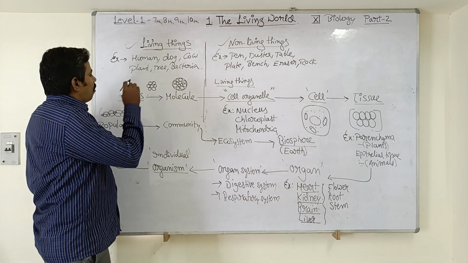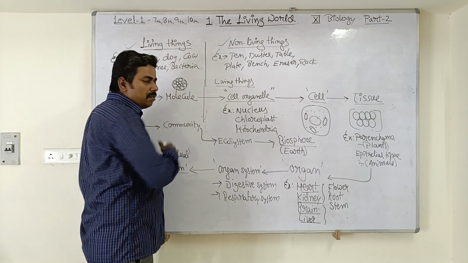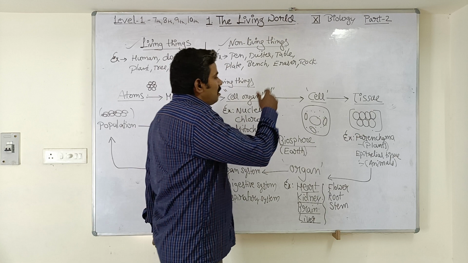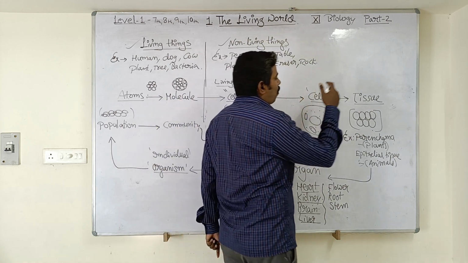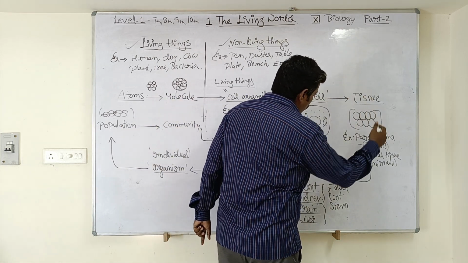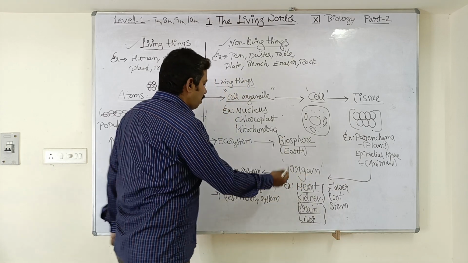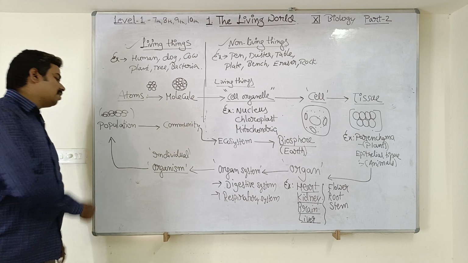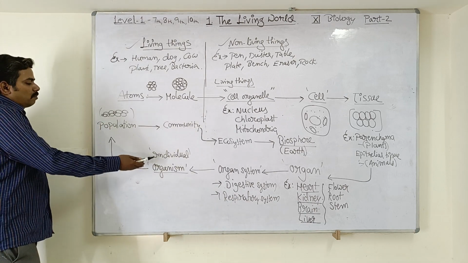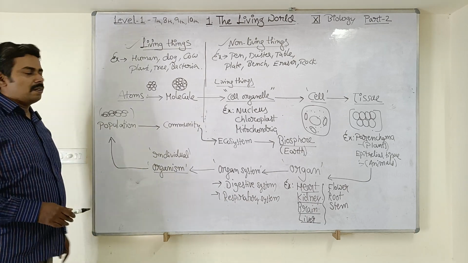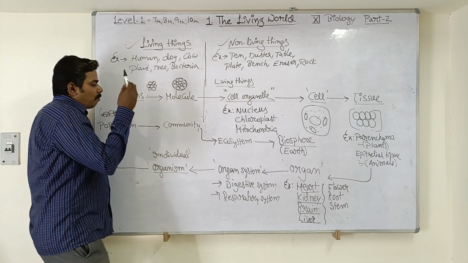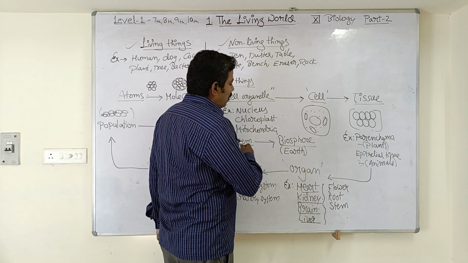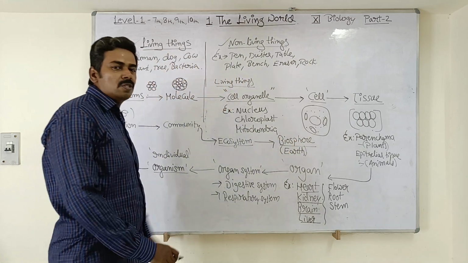Okay, so atoms will give rise to molecules, molecules will give rise to cell organelles, cell organelles will form cell, cell will form tissues, several tissues will form organs, organs will give rise to organ systems, which will form an organism, and many organisms will form a population, and several populations will form a community, several communities will form an ecosystem, several ecosystems will form the biosphere.